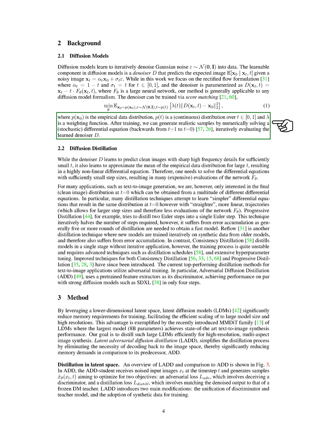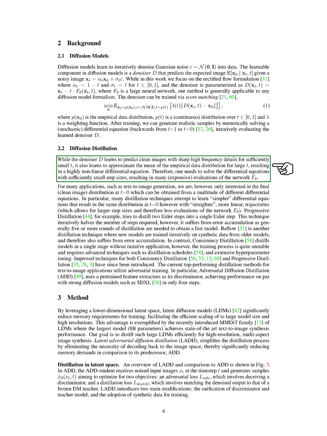Section: Diffusion Distillation. In this section, we delve into the realm of diffusion distillation. We explore how the denoiser D can predict clean images with sharp details for small t values and approximate the mean of the data distribution for large t, leading to a complex nonlinear differential equation. To tackle this, we need to solve the equations with small steps, which means many evaluations of the network f_theta are required.